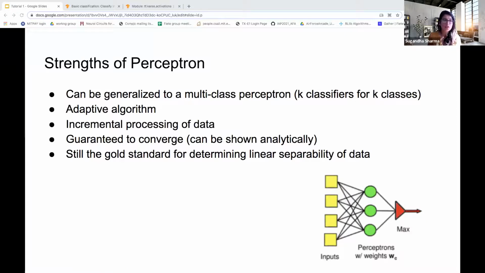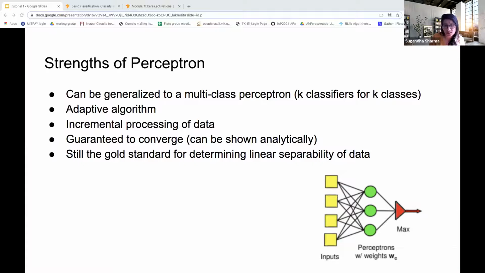So some of the strengths of the perceptron are that it can be generalized to a multi-class perceptron. So far we've seen only one output unit, right? But we can also have multiple output units here. In that case, let's say we want to separate the data into k classes, then these act as k classifiers, and whatever outputs we get from these, we can do an argmax.